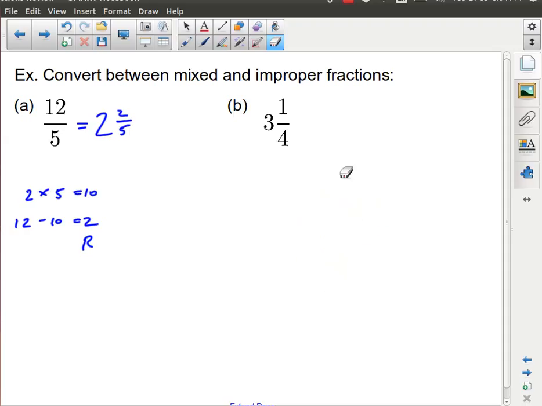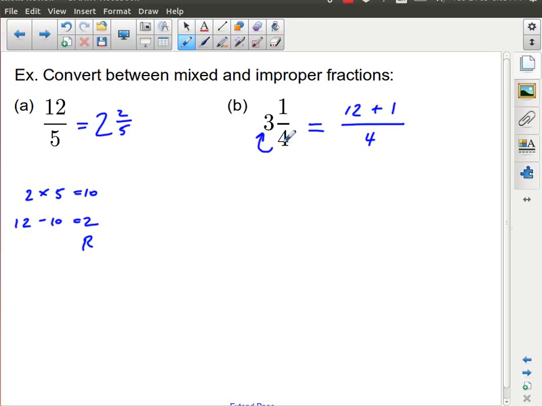Another quicker way to do this whole thing would have been, there's a bit of a shortcut we can take if you're comfortable with it, which is you just do a quick multiplication, which is you take the denominator and you multiply it into the whole portion out front. So 3 times 4 is equal to 12, plus the 1 that was already there, and the whole thing goes over the denominator that you were given.